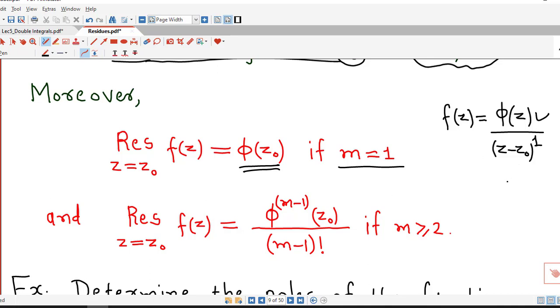Now if the function has a pole of order m greater than or equal to 2, then the residue of f of z at z equal to z0 is given by the (m minus 1)th derivative of function phi at z0 divided by (m minus 1) factorial. So here we have to differentiate this function phi of z m minus 1 times with respect to z, and the value of that (m minus 1)th derivative at point z0 divided by (m minus 1) factorial will give us the residue of f of z at z equal to z0.